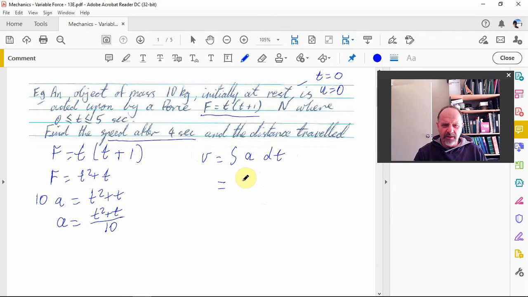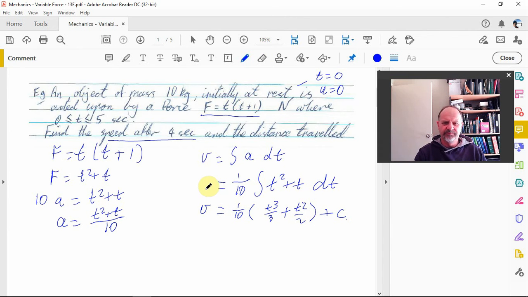So of course I can take the 10th out, and so we've got the integral of T squared plus T dt. And so what we've got then is 1/10 of T cubed on 3 plus T squared on 2 plus some constant.